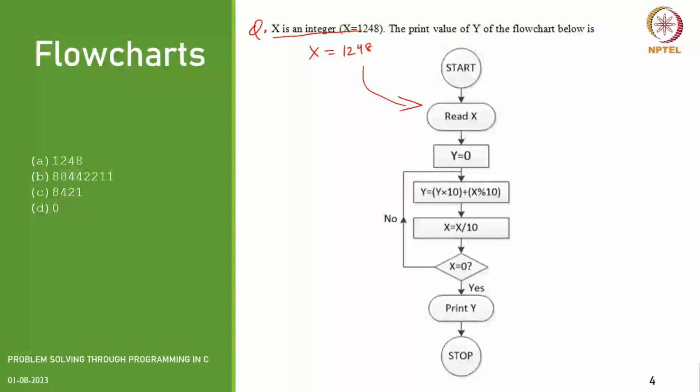Now we set y equals 0, so variable y is 0, and then we start this particular decision making loop. So what happens in the first loop? I'm talking about this entire portion. I'm calling it a loop because it will run again and again.